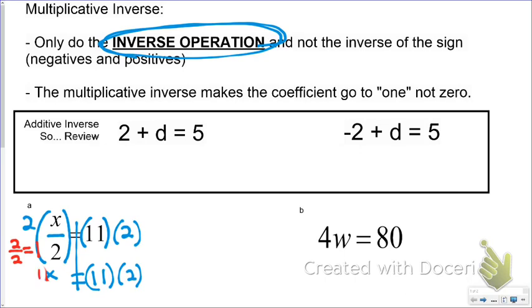And 1x is equal to 11 times 2. So 11 times 2 is just 22. So in other words, the answer is x is equal to 22. And you can test that by taking 22 into x. 22 divided by 2 is equal to 11. Well, let's look at the example on the right now.